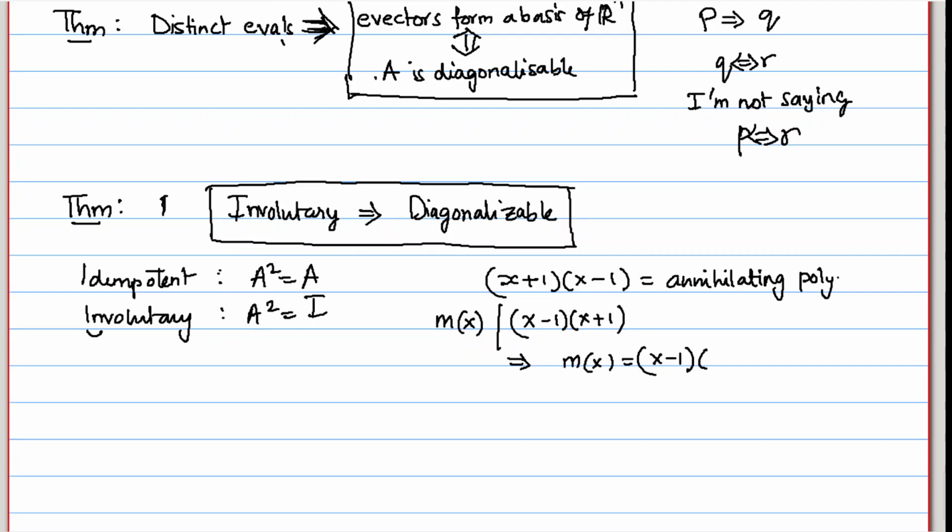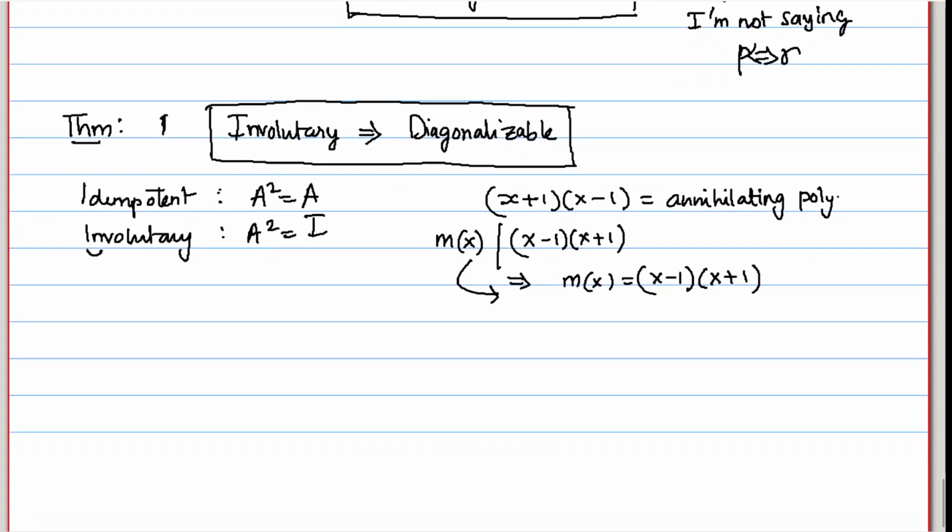I'm not saying that this theorem is wrong, but what I think is that this step is wrong. I'll tell you why. Take A to be I. The minimal polynomial is what? It is x minus 1, right?